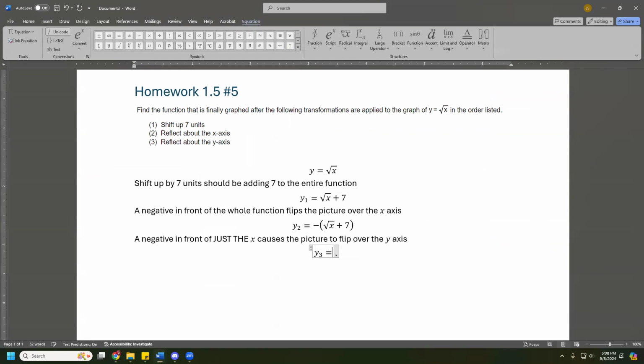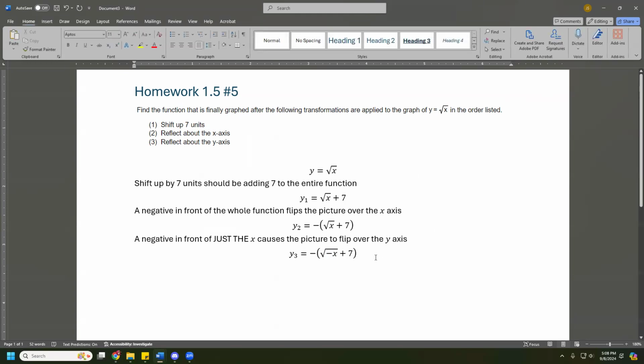So our final one looks like negative, parentheses, negative x plus 7, all in parentheses. This is what our answer looks like. All right, this is how to apply shifts to a function's equation in order to get a new function.